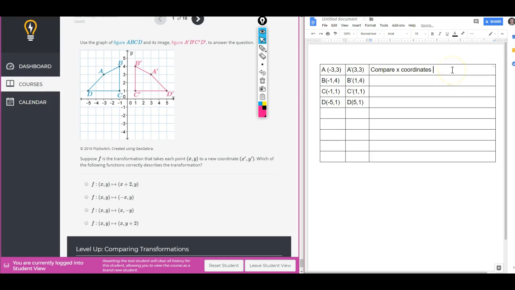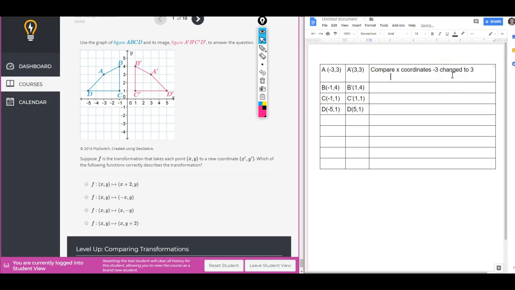So we had -3 changed to 3. For this one, we had -1 changed to 1. This one we had -1 changed to +1. And this one had -5 changed to 5.